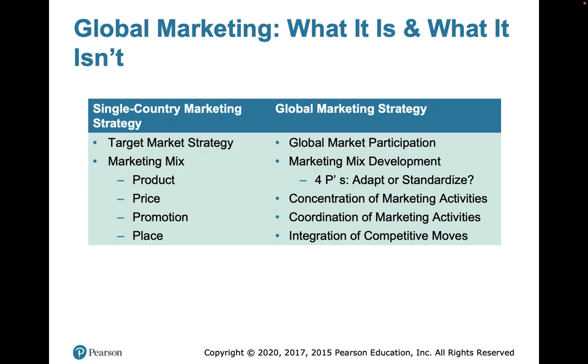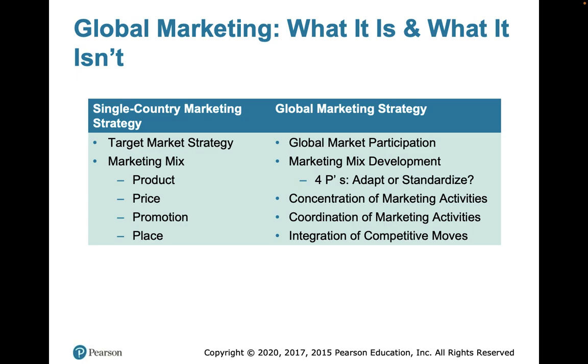Now we're going to look at single country marketing strategy and global marketing strategy. In the target market strategy, the marketing mix is prioritized. That means the product, price, promotion, place. Then we have the global marketing participation. The marketing mix development means you have to adapt or standardize.